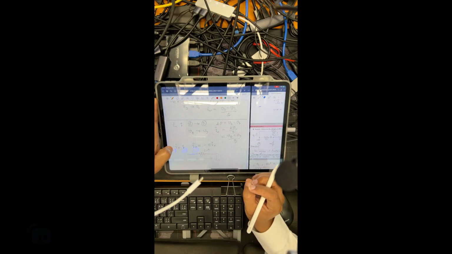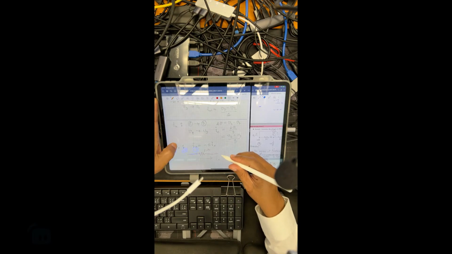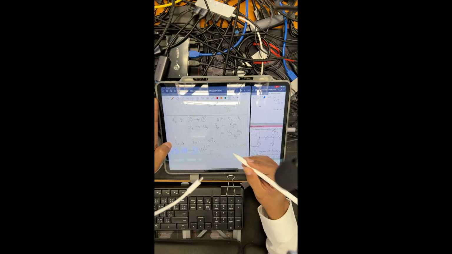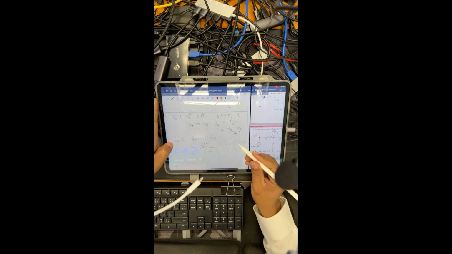You can see that IX moves from node number 1 to node number 2. It means V1 to V2, and it passes the resistor of 2 ohm.